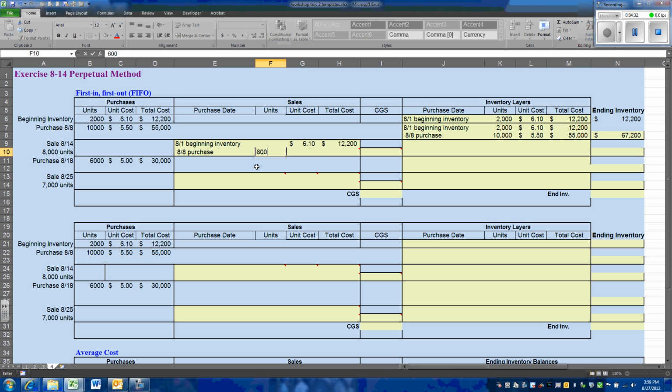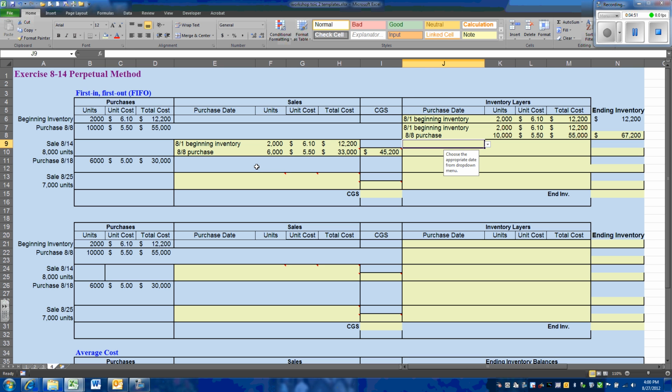We're going to use 6,000 of the 10,000 units from our August 8th purchase to calculate our cost of goods sold. So our cost of goods sold is going to be $45,200.